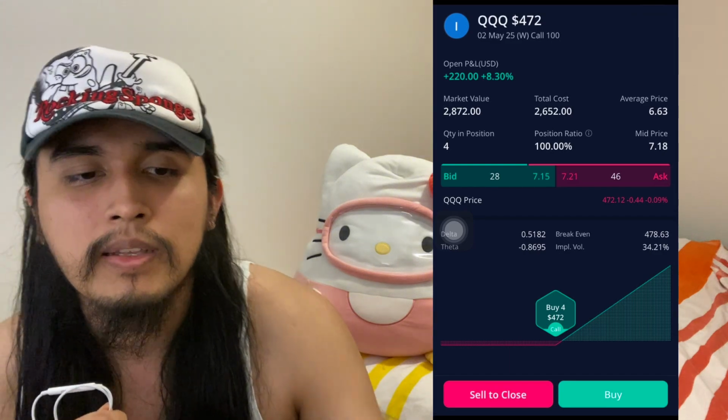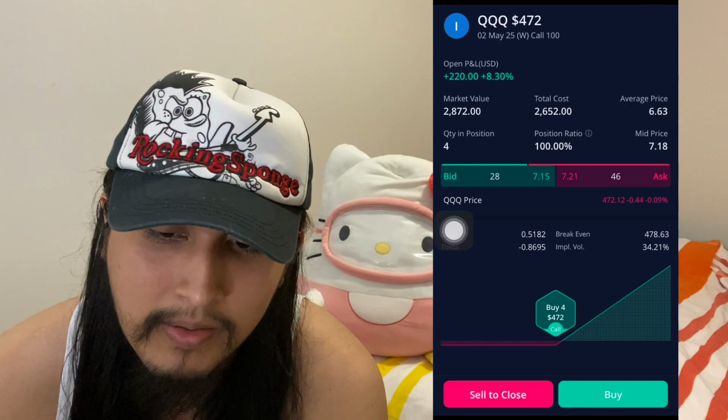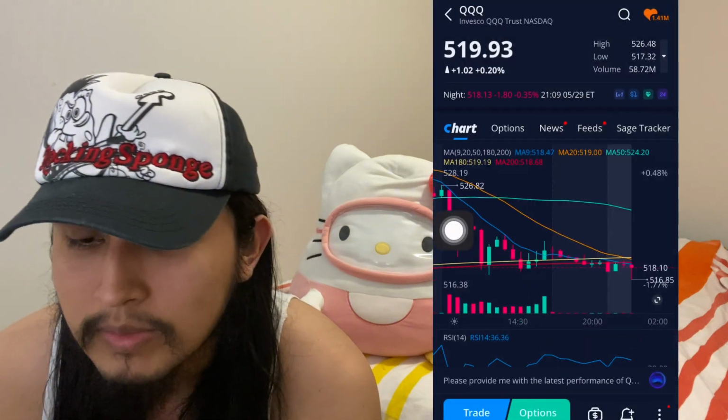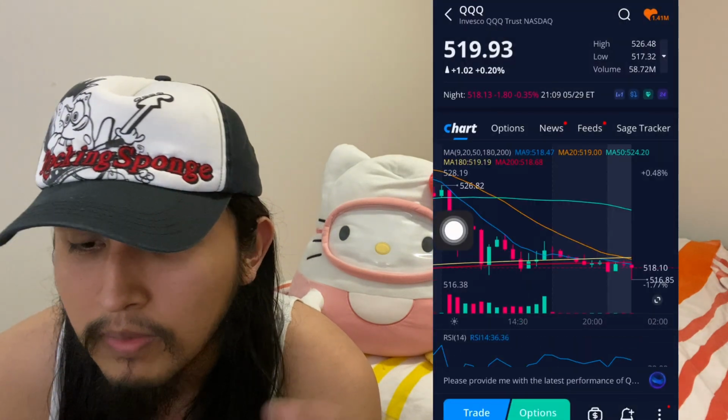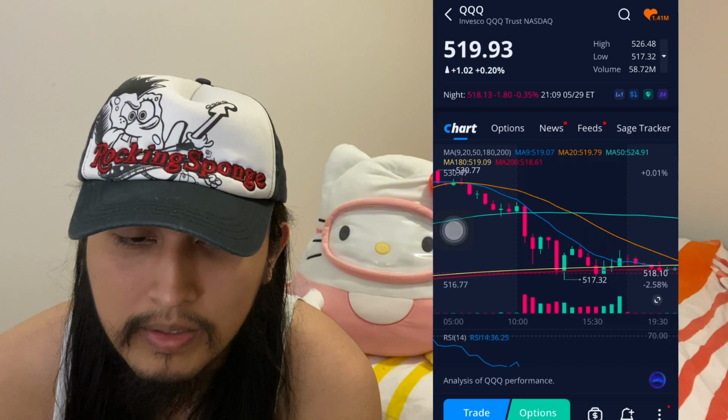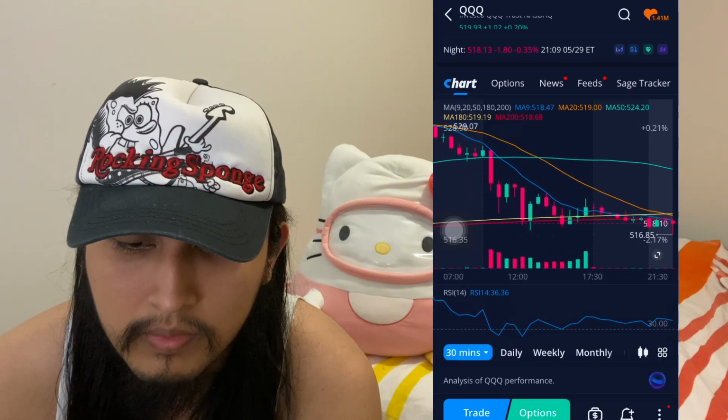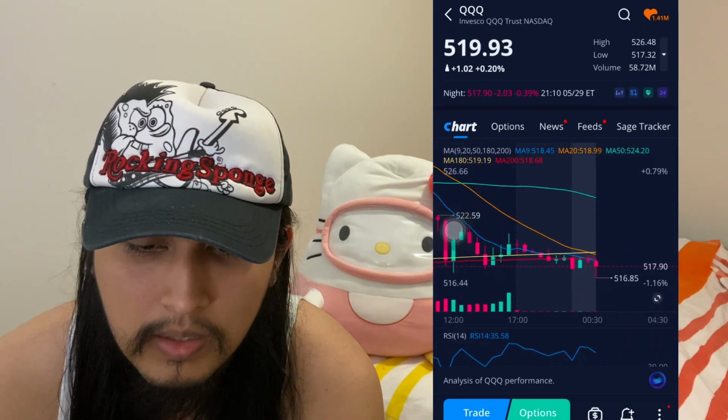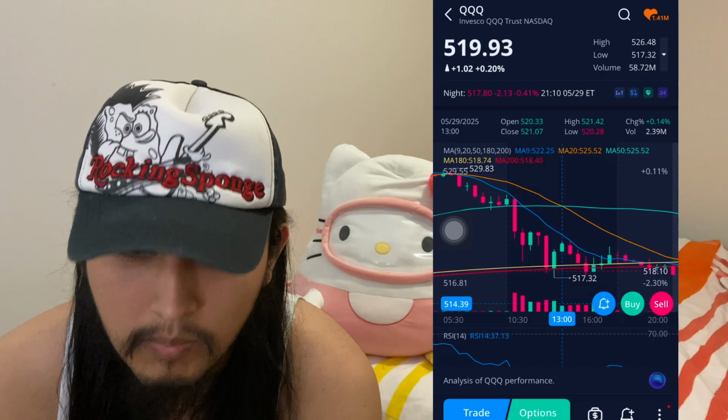So a way that I like analyzing the chart is, take for example today's chart on the QQQ on the 30-minute time chart. Today is May 29th.